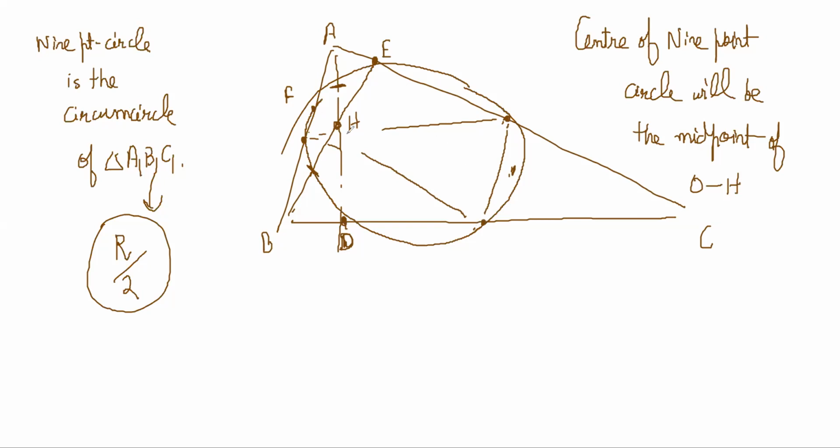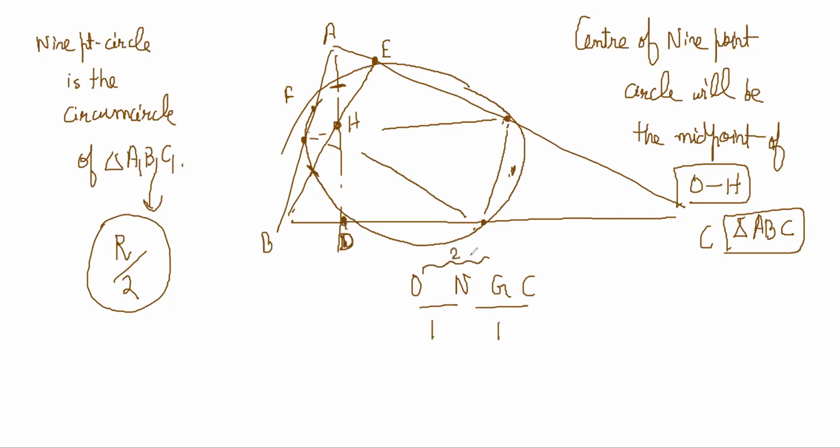Just draw the medial triangle and try to find the circumcircle of the medial triangle. That point will be the center of the 9-point circle. So OH, for the big triangle ABC, when you join them, that midpoint is the center.